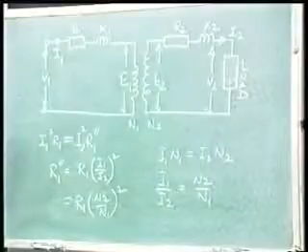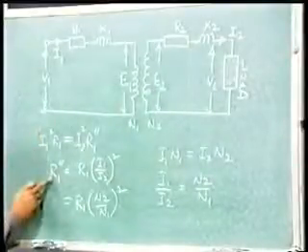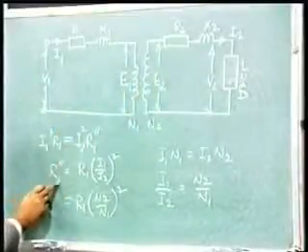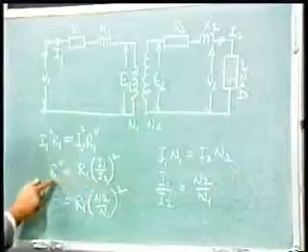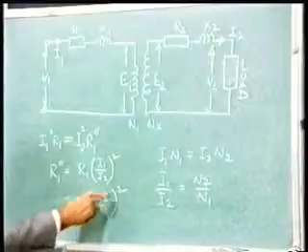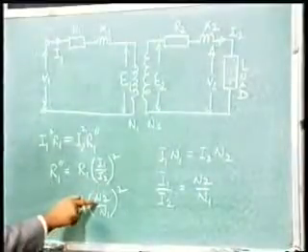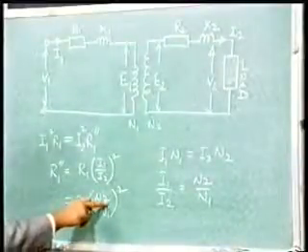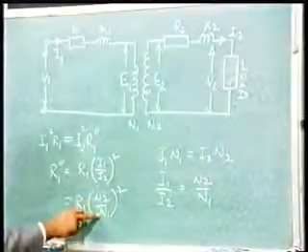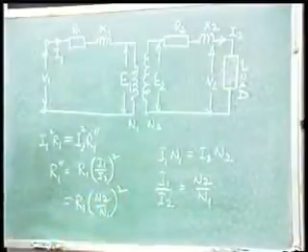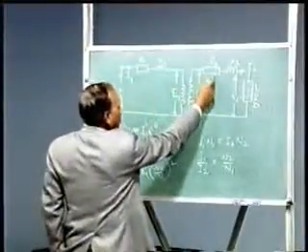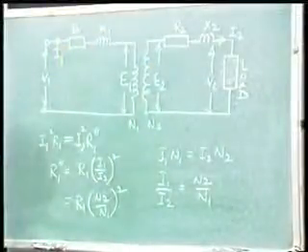To remember this, suppose R1 you have transferred to the secondary side. So R1 double dash is equal to its own value R1 multiplied by the secondary number of turns divided by the number of turns of the circuit from where you have transferred, that is N1: N2 by N1 whole square. Now can you tell me what will be the value of R2 when it is transferred to the primary side?